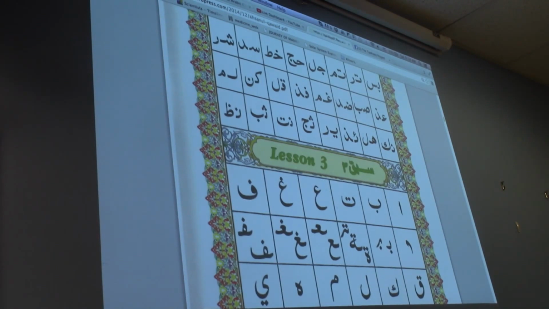Seen. Dal. Seen Dal. Okay? Sheen. Ra. Sheen Ra.